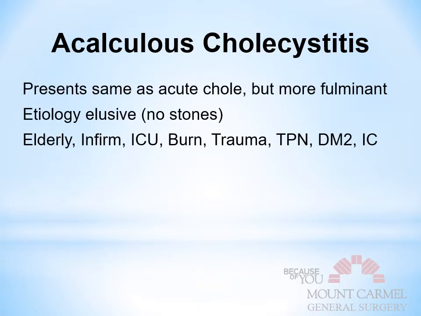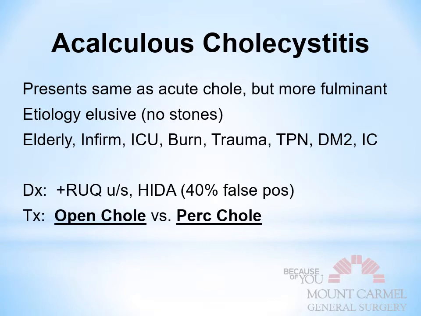Okay, acalculous cholecystitis looks just like acute cholecystitis, but it's a more fulminant, more refractory presentation. The etiology is kind of elusive. It's not stone associated. And we almost always see this in our ICU consults. Elderly, infirm ICU, burn, trauma, TPN, diabetic patients, TPN because it's long-term, no oral intake, diabetes, and immunocompromised patients.